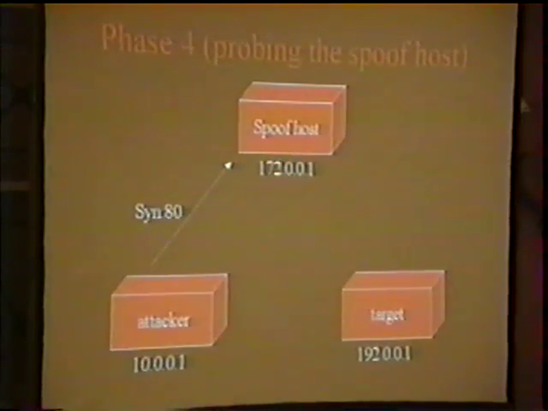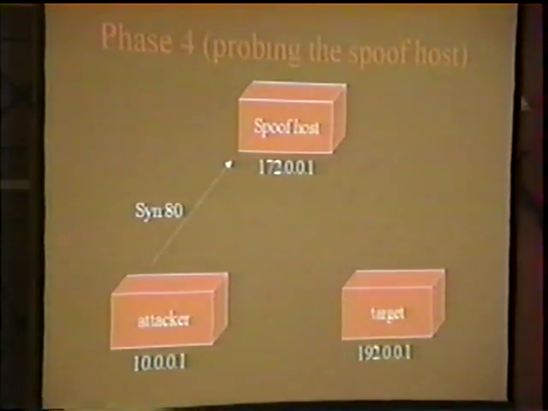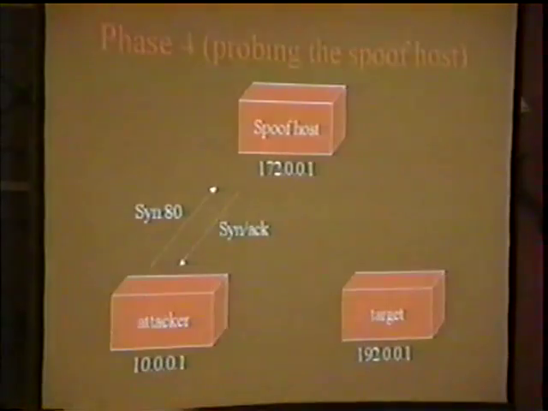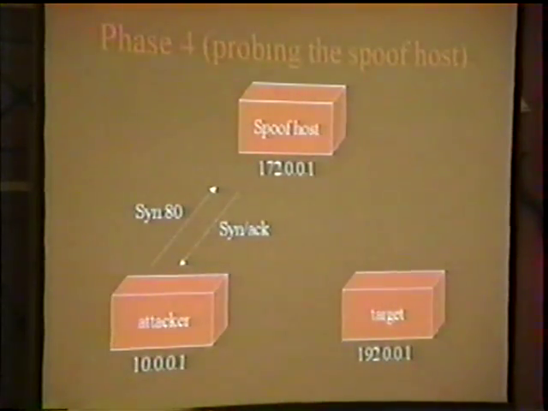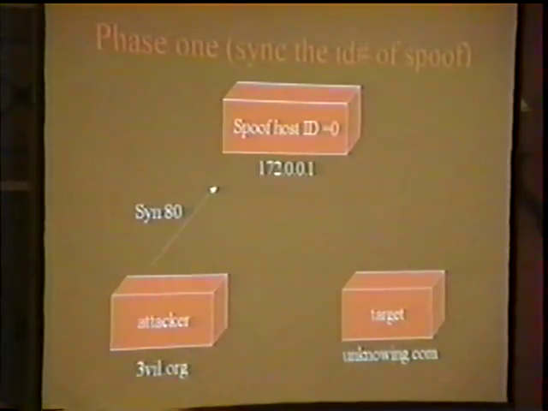So the next time we poll this host, he is going to increment the ID counter. So we do a SYN, get a SYN-ACK back, and there we read what the ID flag is set to.